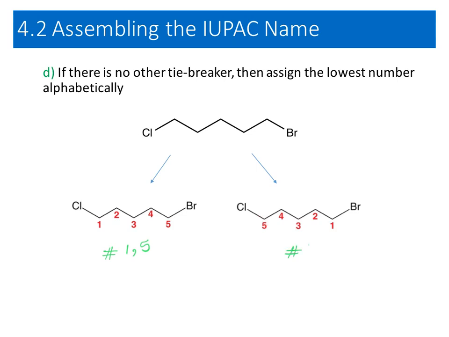So basically the same numbering. So we have a tie here. In this situation, we need to assign the lowest number alphabetically, meaning that I have bromo and chloro. Bromine starts with letter B, therefore bromo is preferred, so bromo should get the lowest number possible. And if we do that, this is going to be the correct way of numbering this structure.